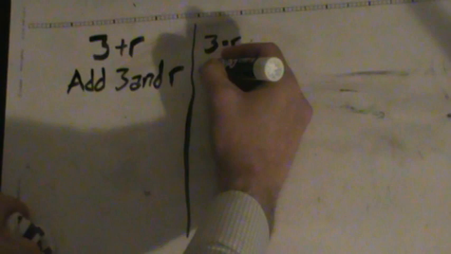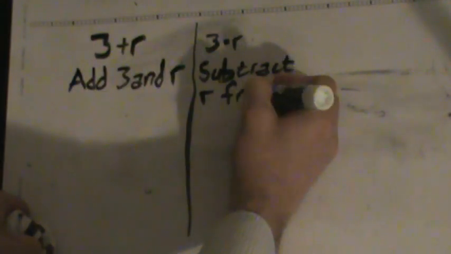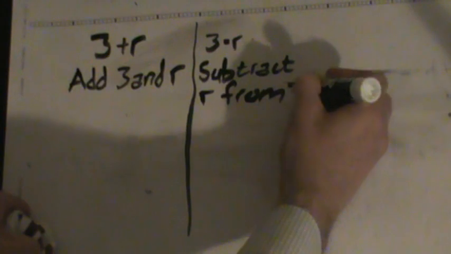If we had 3 plus r, you could say add 3 and r. If we had 3 minus r, you'd say subtract r from 3.